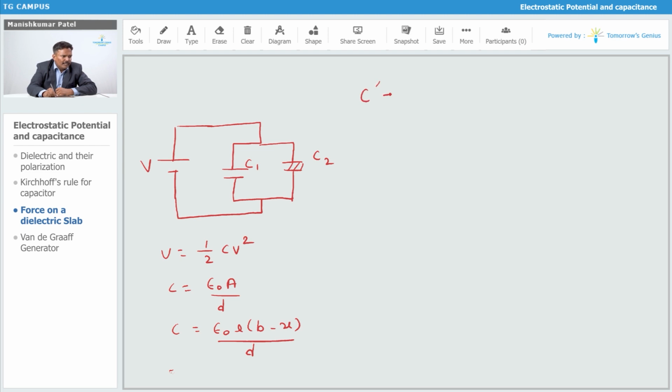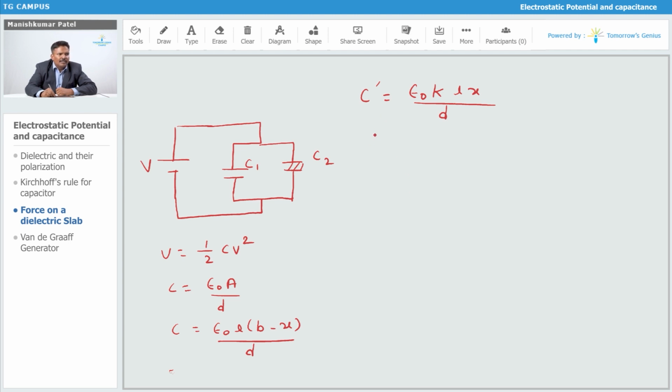Another one is C dash, epsilon naught K into L into X upon D. This is how you can write the value of C and C dash.